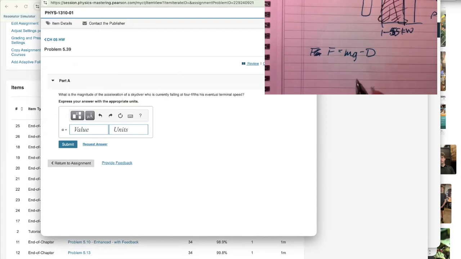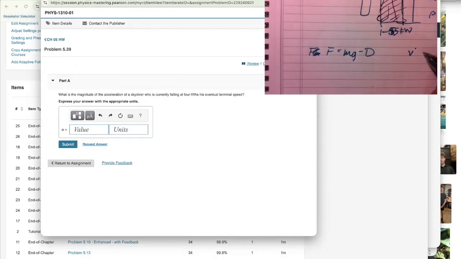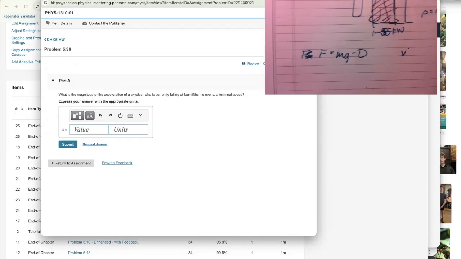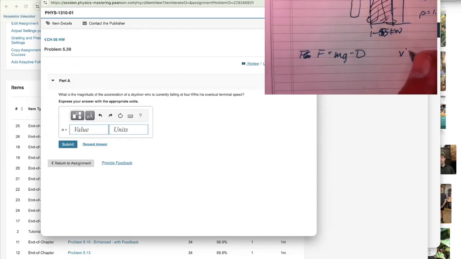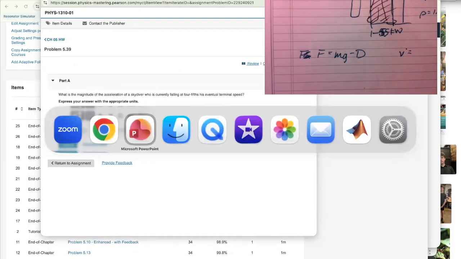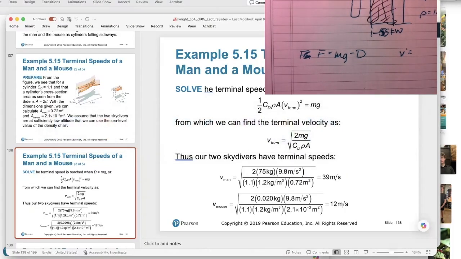Now, we can plug this in here. It says he's falling at 4/5 of his eventual terminal speed. So we need to first figure out what speed we're falling at, and we need the equation for his terminal speed.